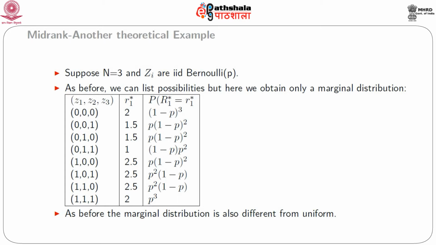Here also we find that corresponding to the realization (0, 0, 0) of (Z1, Z2, Z3), we have the value of R1* as 2 with corresponding probability (1 minus p) whole cube, and when we have observations (0, 0, 1) for (Z1, Z2, Z3), we get the corresponding probability as p into (1 minus p) whole square, etc. Actually for n equal to 3, if the underlying distribution is continuous, the possible values of a rank are either 1, 2 or 3, but in this case we have the possible values 1, 1.5, 2 and 2.5, and it is natural that the marginal distribution is different from discrete uniform.